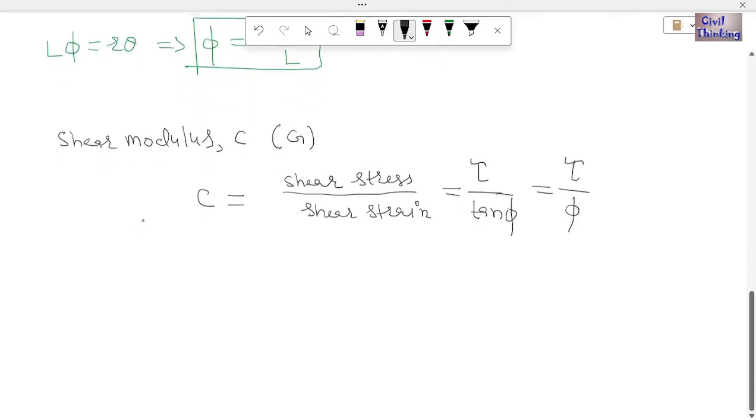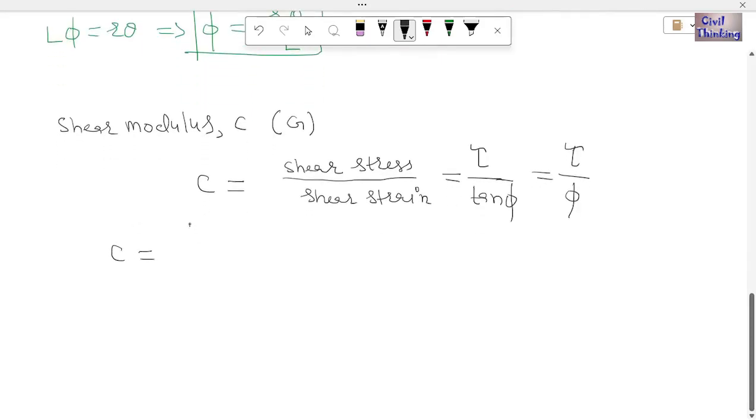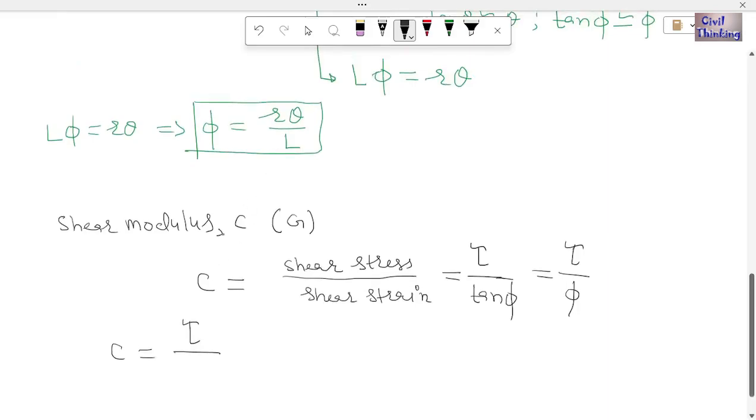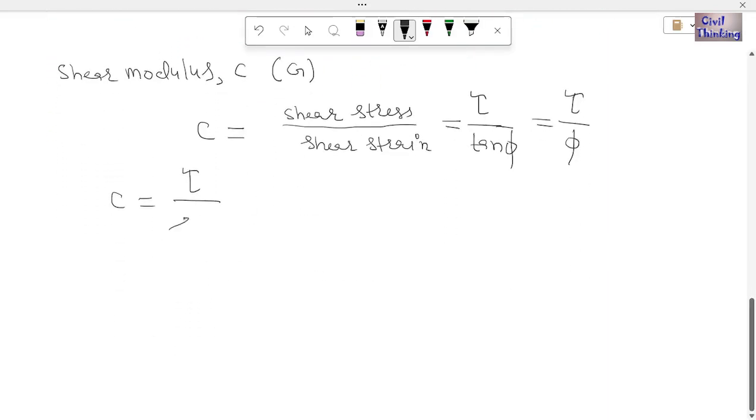Now C is tau divided by phi, but what is the value of phi? Phi is r theta by L. When we rearrange this, we will get tau L divided by r theta. So the value of C is this.